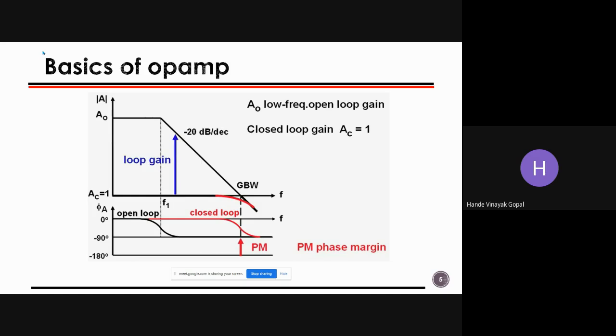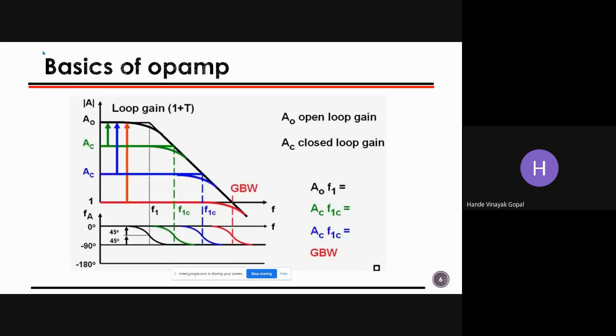Whatever response we are seeing over here is an open loop response. The moment you start closing the loop, you will get the closed loop gain, right? And the closed loop frequency response. You can clearly see that at AC, that is the green plot, you have reduced the gain, but you are increasing the frequency, right?